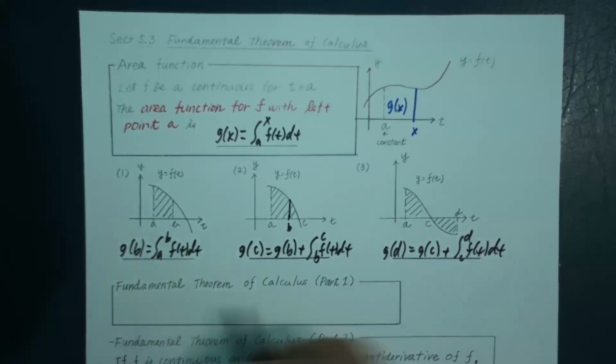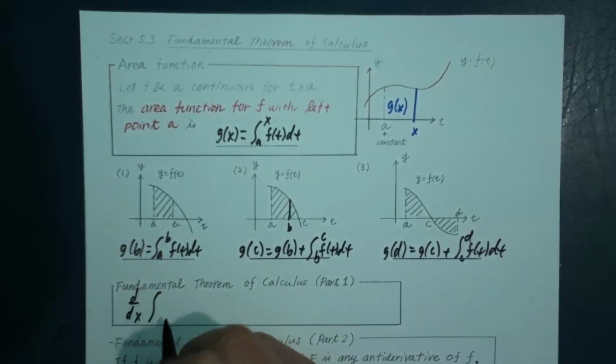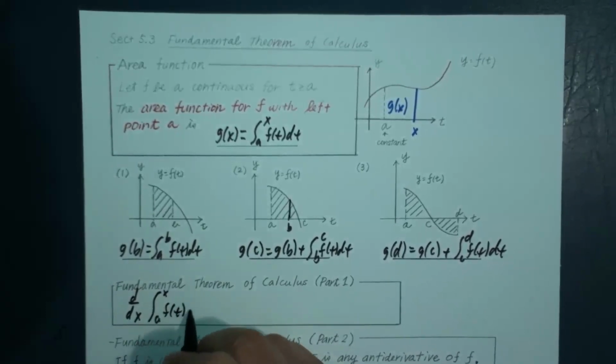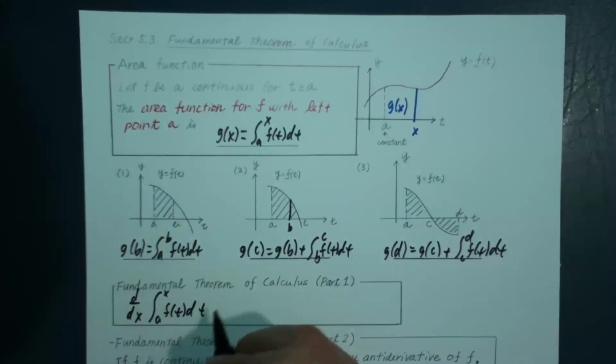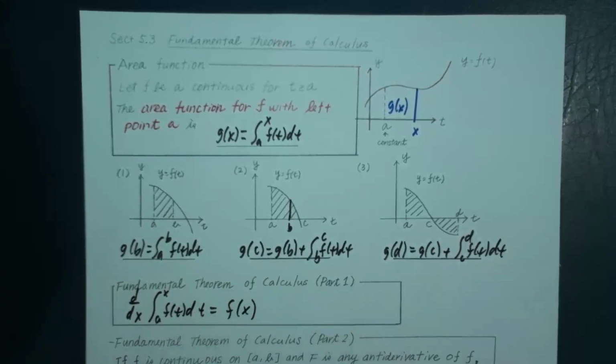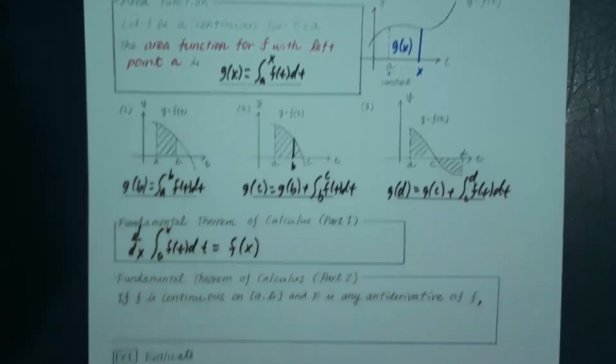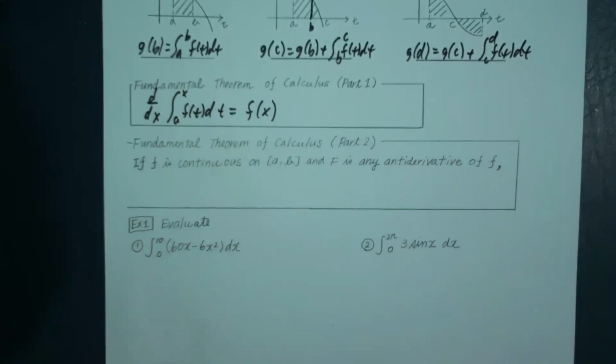And so the first part of the fundamental theorem of calculus, if we take the derivative of our area function from a to x, we end up with f of x. Meaning the integral and the derivative are opposites. They're inverses of one another, so they actually cancel one another out.